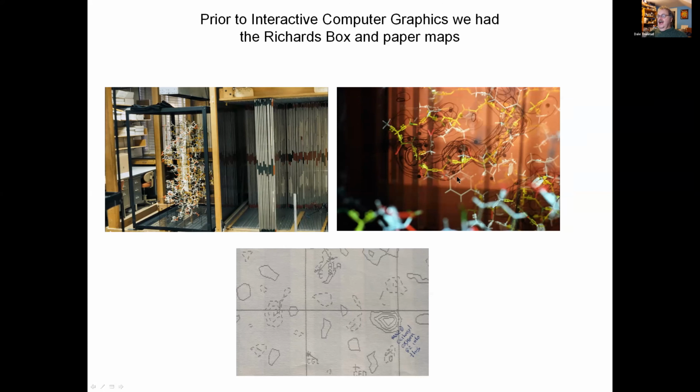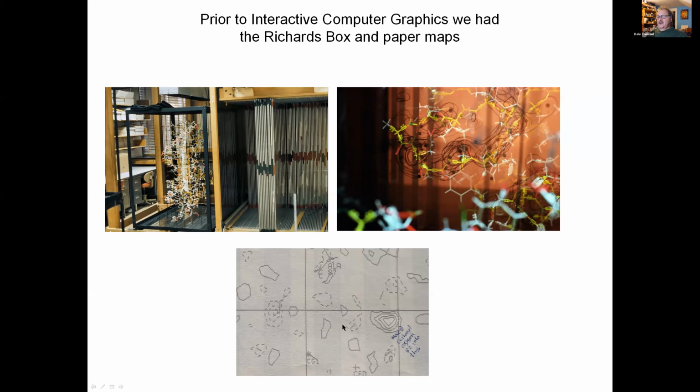And this is a picture I took of the one in Brian Matthews' lab, where you're looking through the mirror at the reflection of the model that appears to be superimposed on the electron density on the far side. So you're working here, looking through this mirror at how your electron density fits the model that you were building. And of course, it was backwards over there, and so that tended to make life a little confusing.